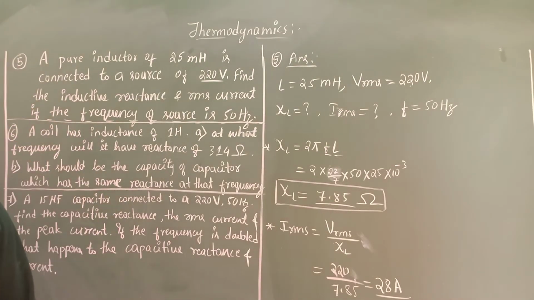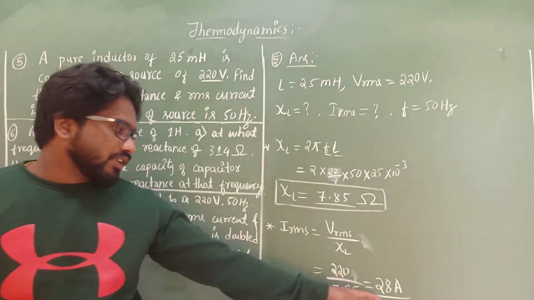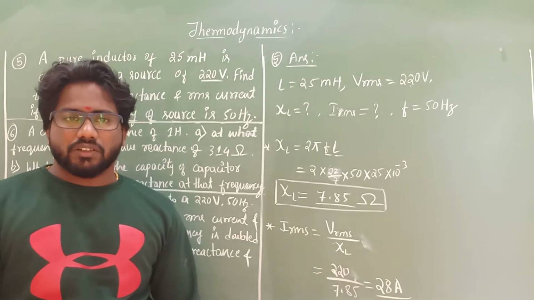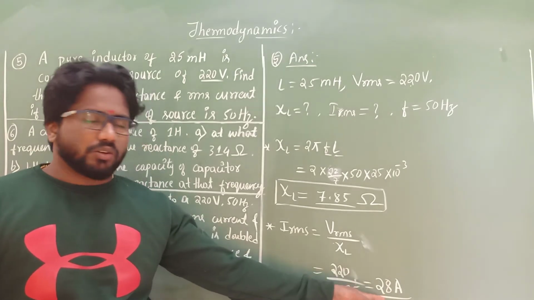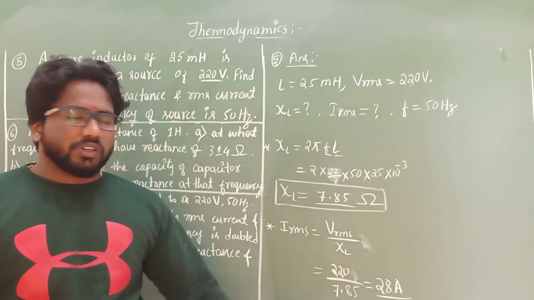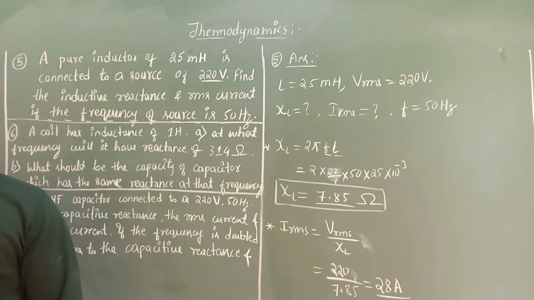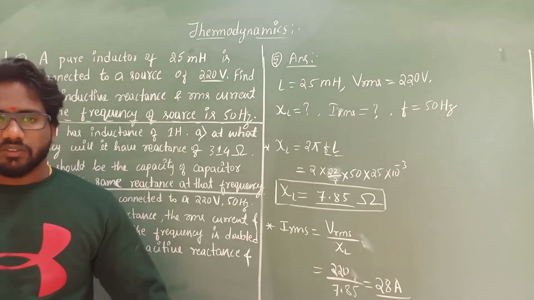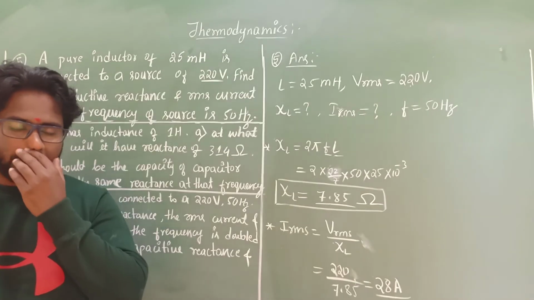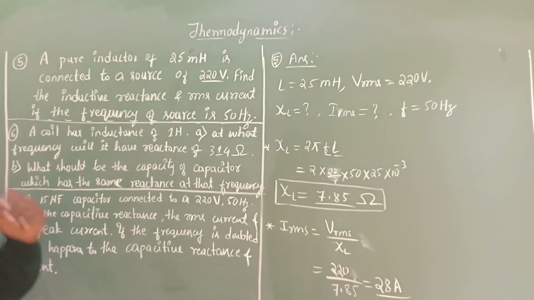We have rounded up to the most significant figure, so you will get the value as 28 ampere. The approximate values are what we have written here. Just go through this calculation and write it in your notebook. So this is question number 5.